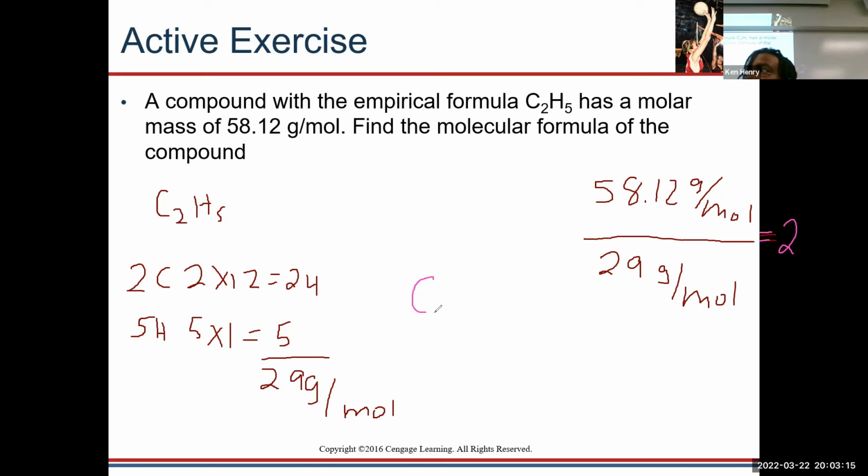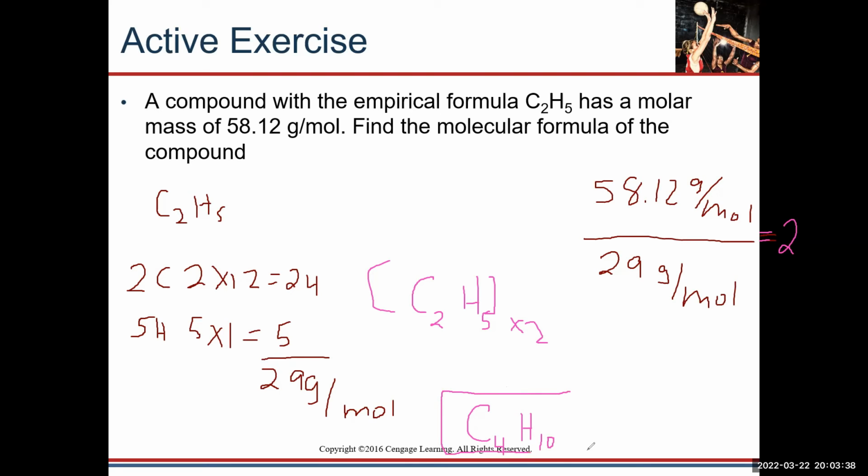C2H5 multiplied by 2 gives C4H10, and that's the molecular formula.